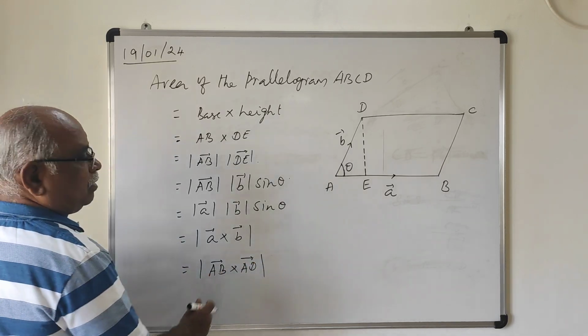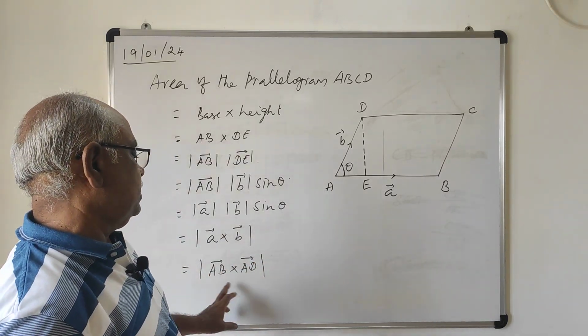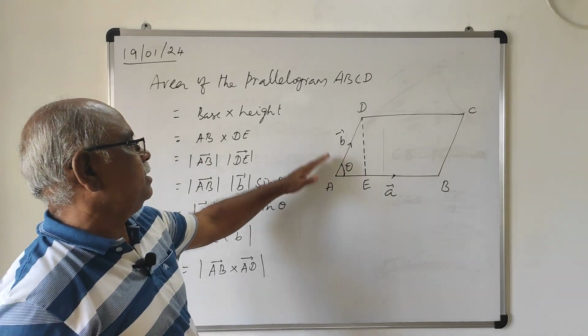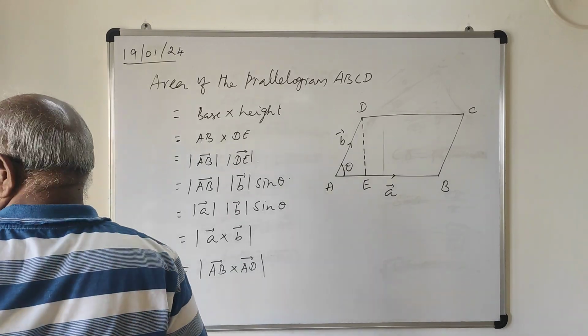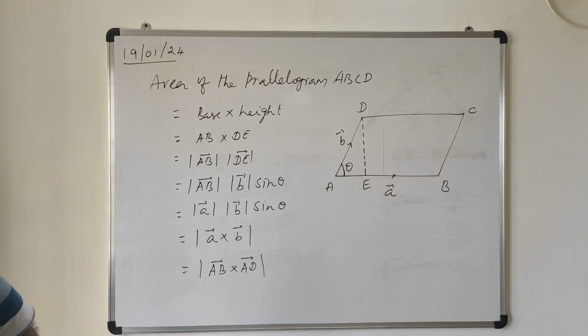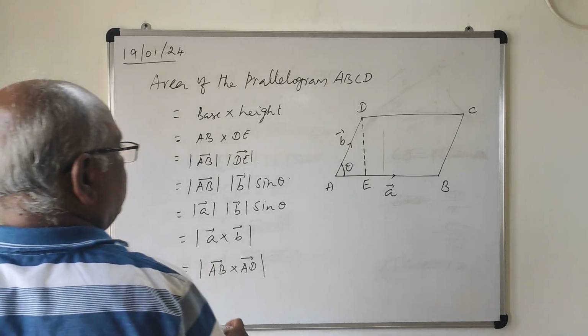Vectors A and B are the two adjacent sides of the parallelogram, because the area of the triangle is half of AB cross AC.